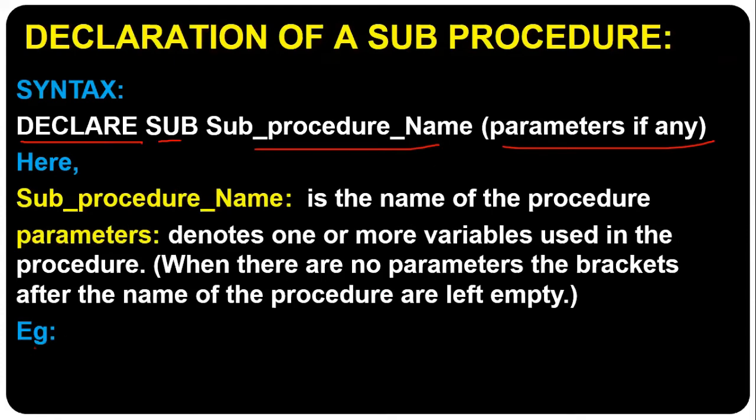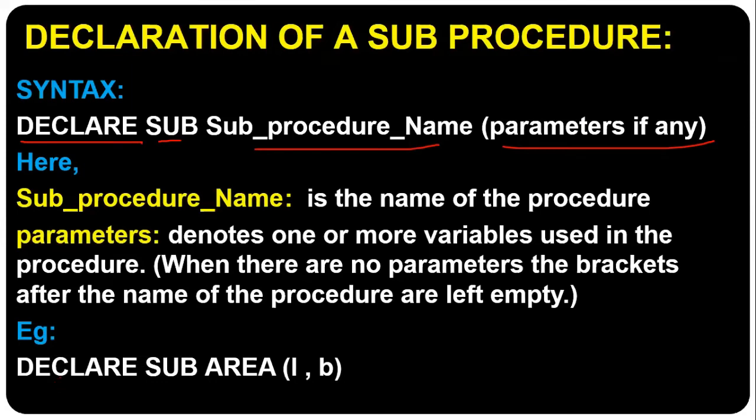One example: if we want to write the program for area, this is how we write it. Declare sub, then the name of the sub procedure, and this LB over here is the parameters. Basically, if we are taking input from the user, then we expect certain values to be typed by the user.